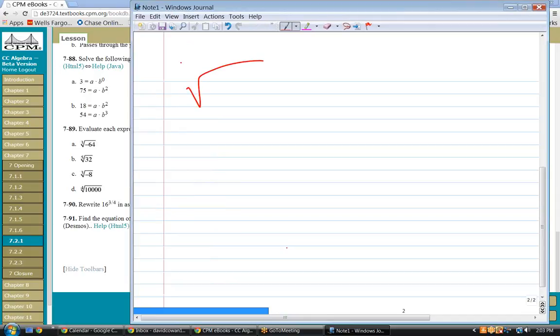You have the cube root of minus 64. So, what number, when multiplied by itself 3 times, is equal to minus 64? Is it going to be a positive or a negative number? Negative. Correct.